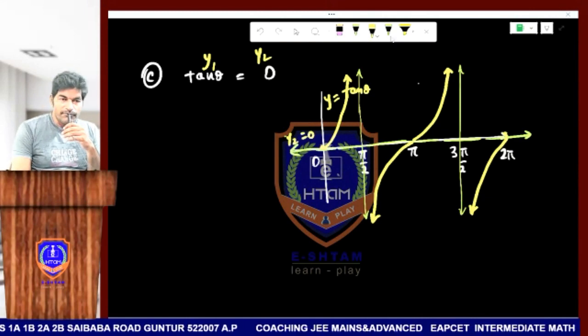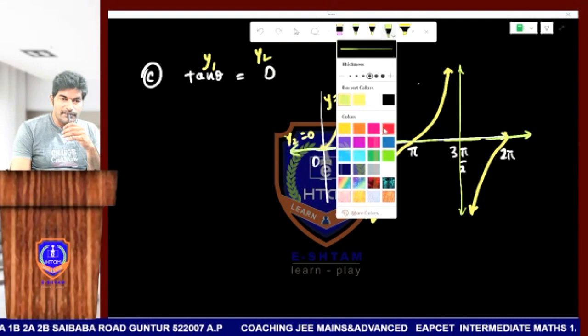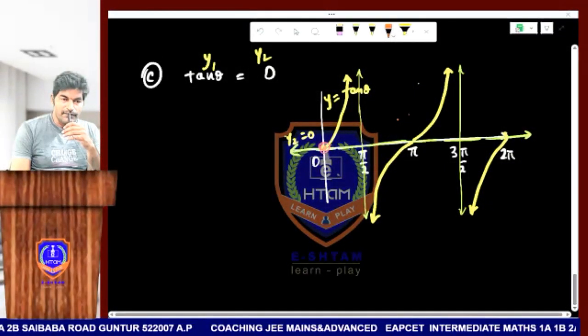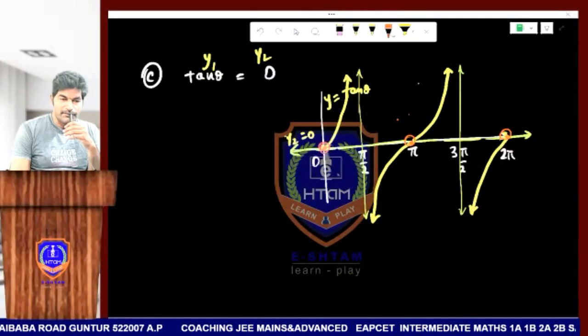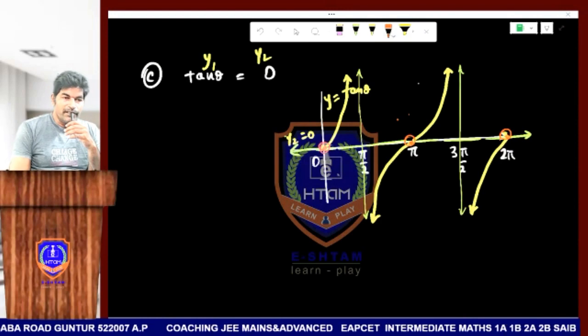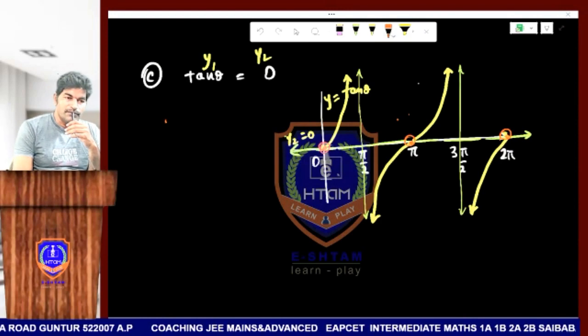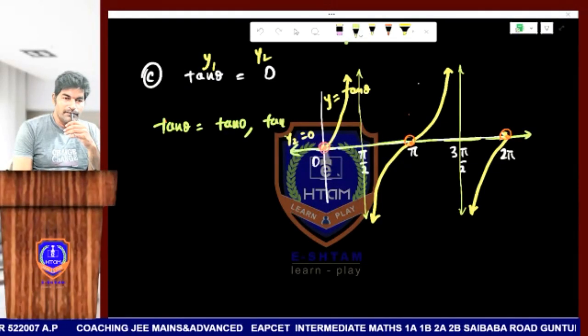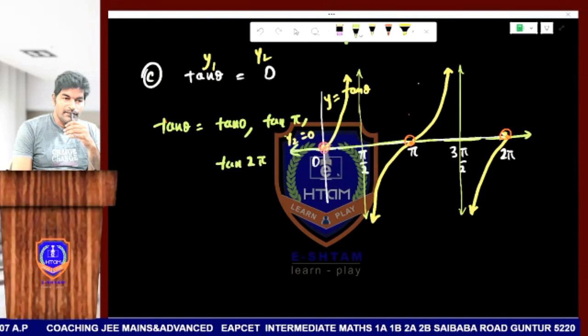So can you figure out how many points it touches the graph? Here 1, 2, and again this point 3. At 3 different points we are having the same value. So write down tan 0 is 0, and also we have tan pi and tan 2 pi.